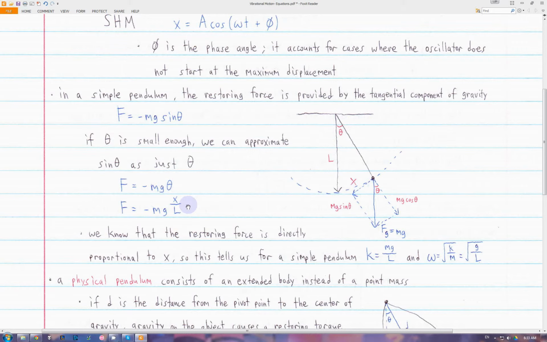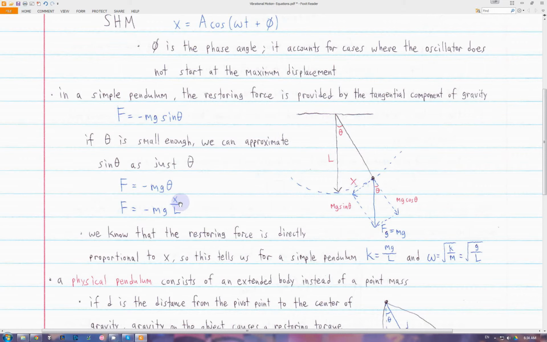We can replace theta with x over L, where x is just this arc length displacement of the object, and L is the length of the pendulum. So now we have the restoring force is directly proportional to the displacement from equilibrium.